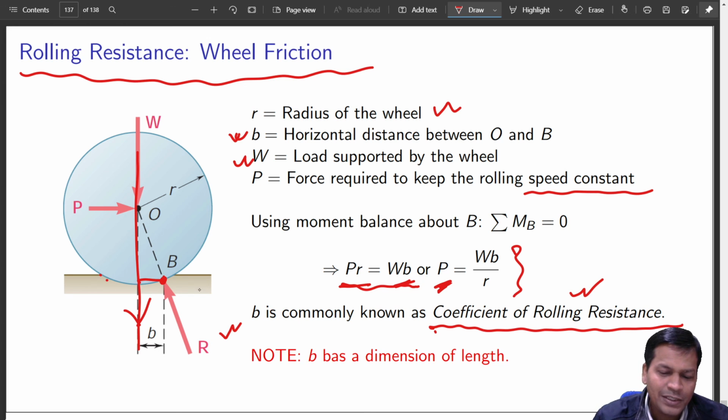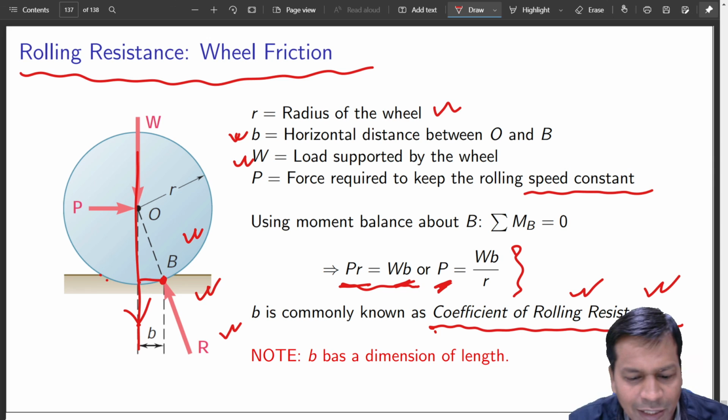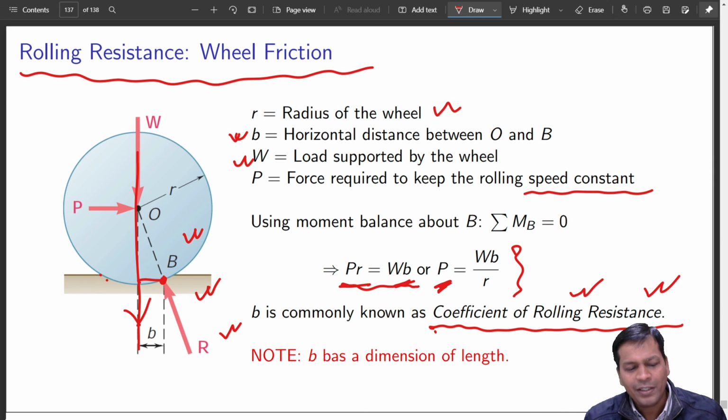It is not always the lower surface which gets deformed; it can also be your wheel which gets deformed, and this same equation will still hold true. So a punctured cycle, or sand, or running on a metal roll, are both the same.